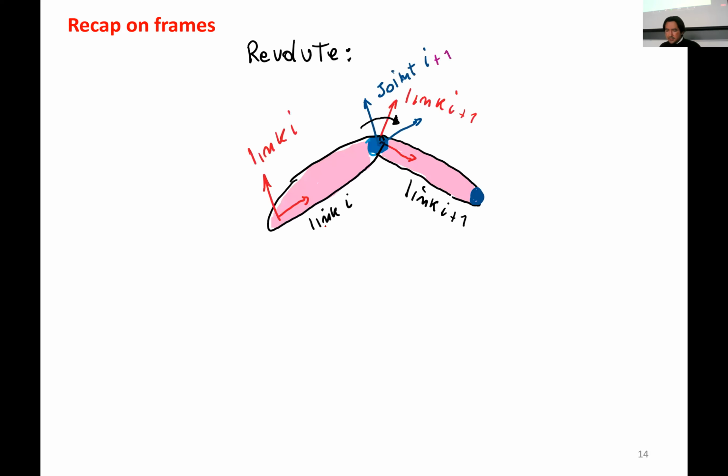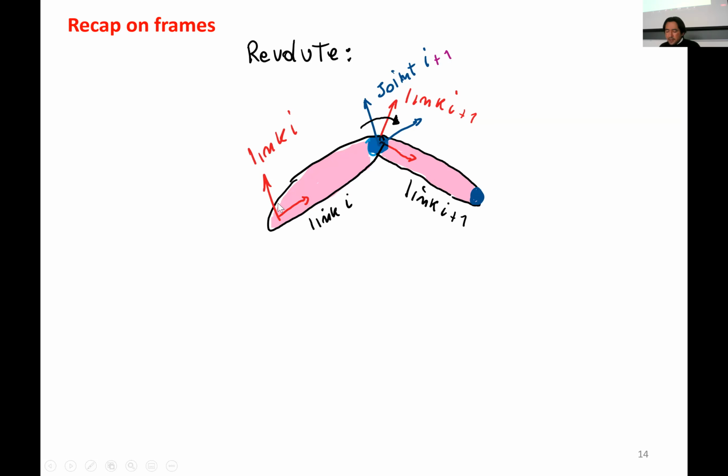So as a recap on frames, because I'm going to be referring to frames in the upcoming slides, this is a slide taken from the previous lectures. What's important to know here is the joint frame. For example, let's look at joint frame I+1. It's supporting link I+1.